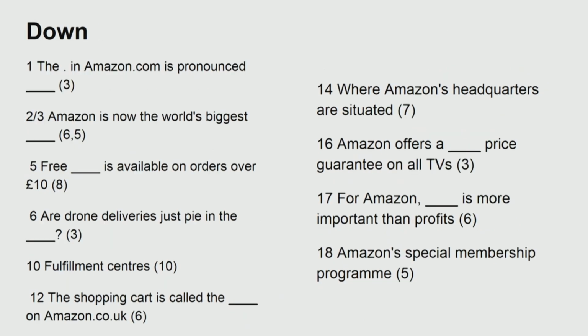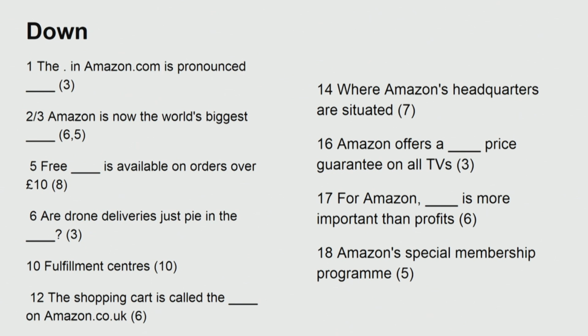And down. 1, the in Amazon.com is pronounced. 3, Amazon is now the world's biggest. Number 5, free dash is available on orders over so much, 8 letters. 6, our drone deliveries just pie in the dash, 3 letters. 10, fulfillment centers. 12, the shopping cart is called the dash of Amazon dot this, it has 6 letters.